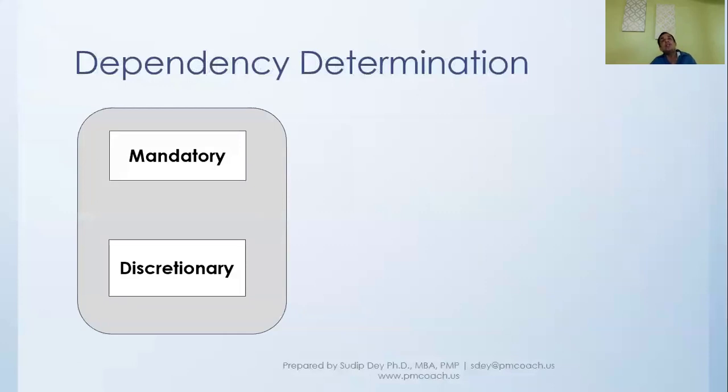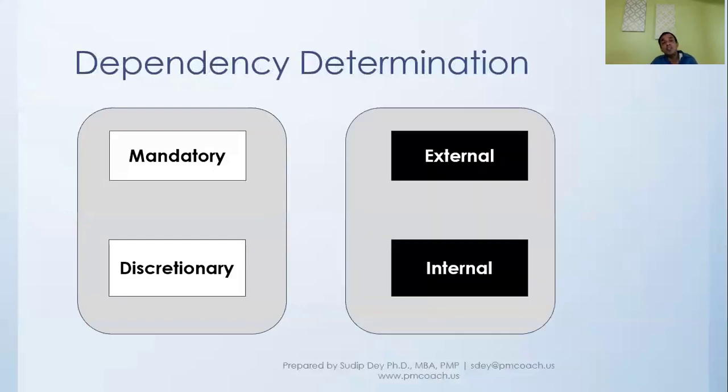Or maybe you have a contract. You are building something for the client, and the client says you can start construction only after an audit has taken place on the design. So there is something that is mandatory and it is coming out of the contract. So there can be mandatory dependency, and there can be discretionary dependency.